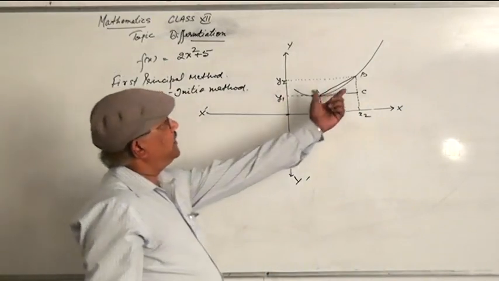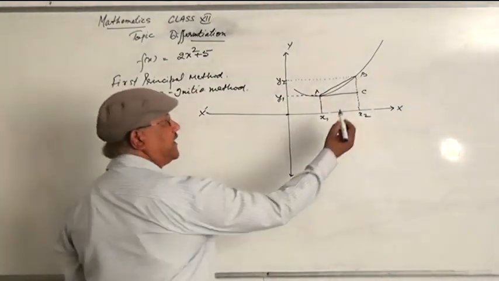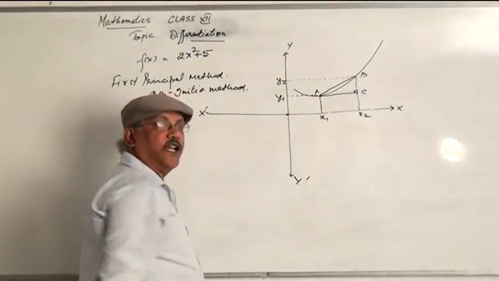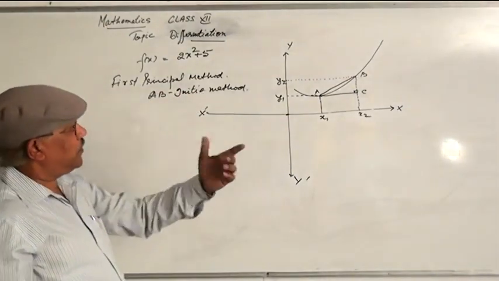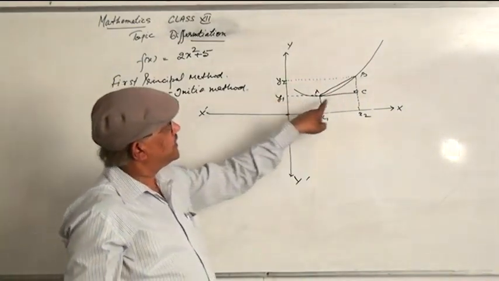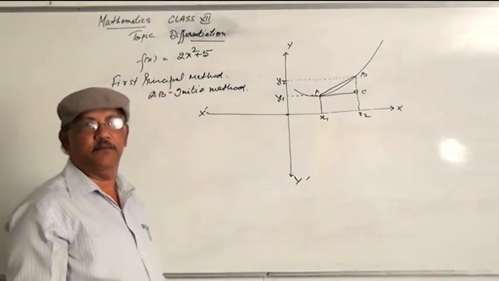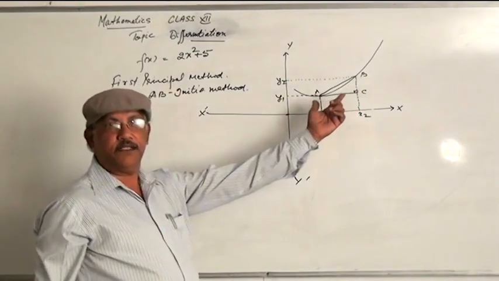Now what do we get? ABC, a triangle. This triangle is a right angle triangle, and from observation you can see this graph and this line AB are approximately the same, meaning their length will remain the same.